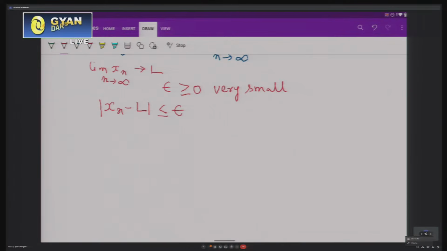Whereas there is a number N which is greater than 1, and for all values n greater than or equal to N, the difference xn minus L will be less than or equal to epsilon.